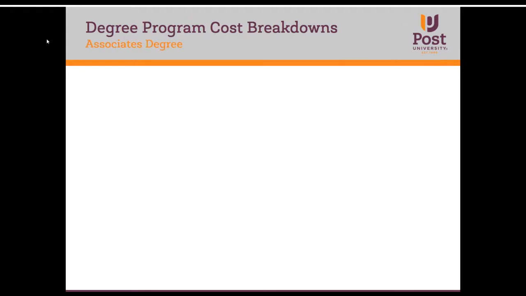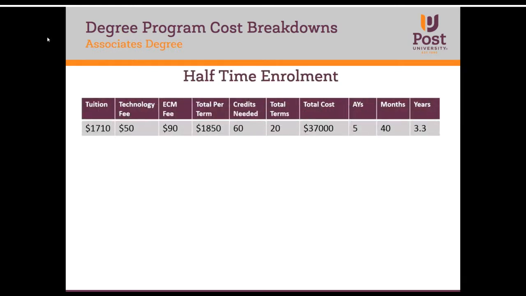So now that we've got all this baseline knowledge, and I think everybody could probably do my job, we're going to look at what the cost is to attend Post and then see how your aid factors into that. So we talked about classes being $570 per credit or $1,710 per class. So for a student attending half-time, that's $1,850 per term.